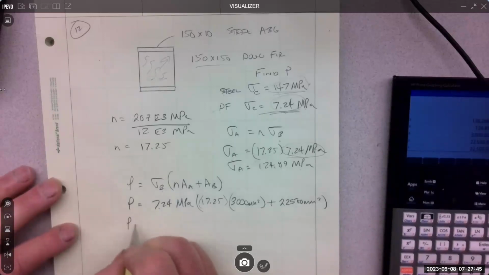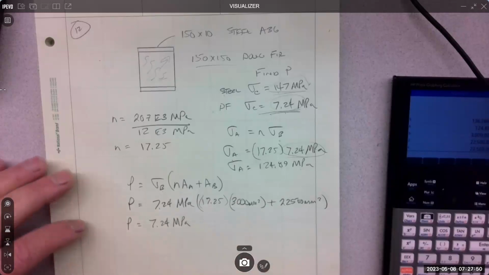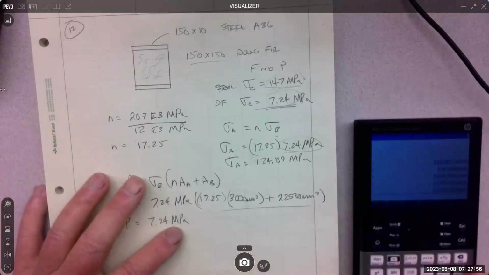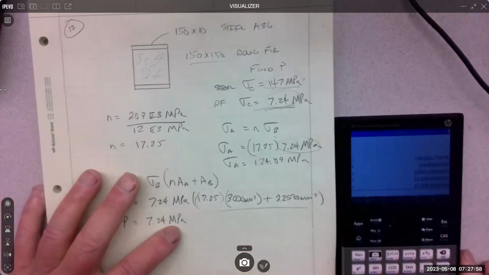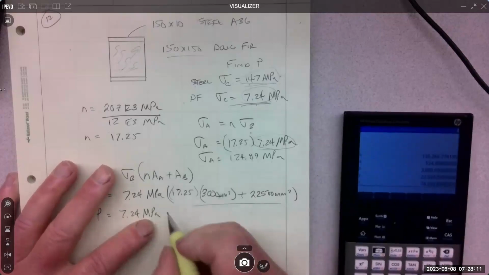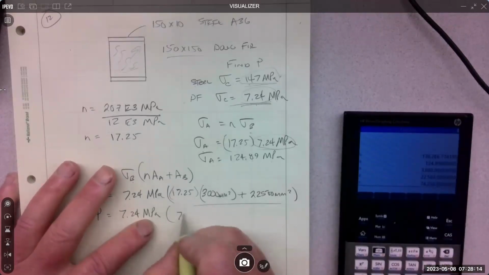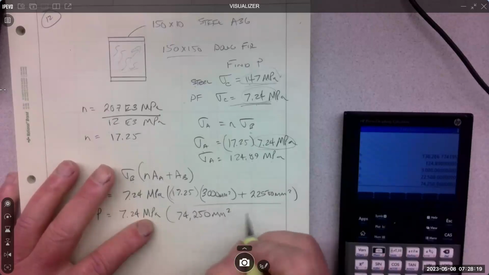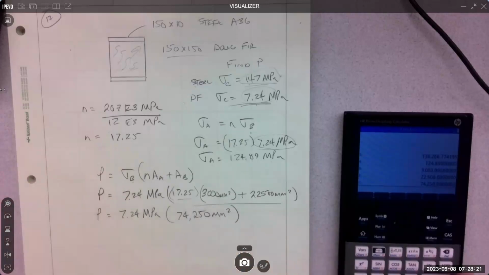So I'm going to simplify this. P equals 7.24 megapascals. And I'm just going to turn this into a number. All right, so inside of the bracket, we have 74,250 millimeters squared, because this is unitless, the n value.